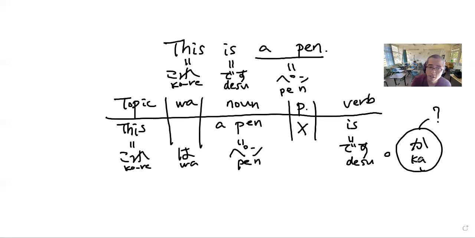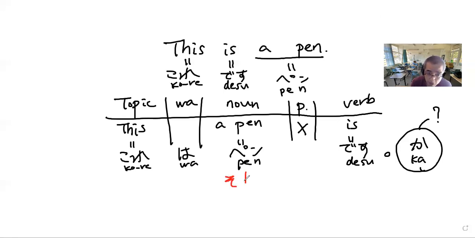Okay, this time let's go a bit further. Is this a pen or pencil? Let's make that sentence. Today's keyword is "or".